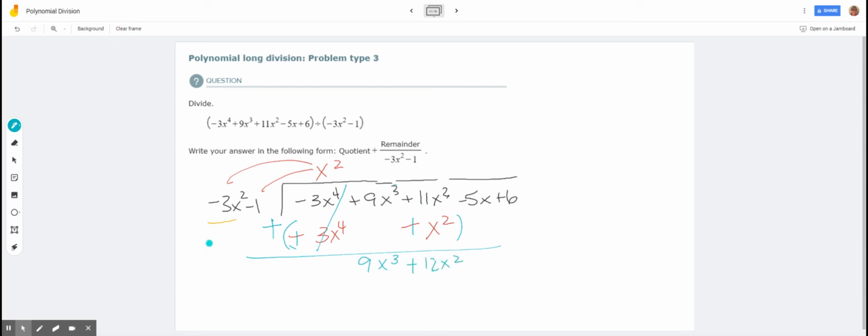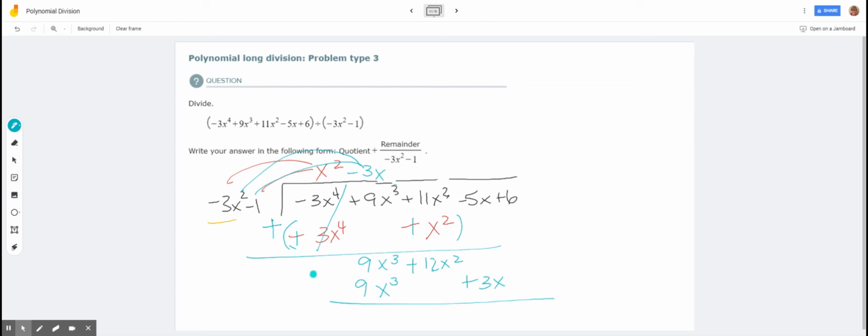Now ask yourself, negative 3x squared goes into 9x cubed how many times? Negative 3x, because negative 3 times 3 is negative 9, and x times x squared is x cubed. Again, go around the side and divide. So then we get 9x cubed, distributing, plus 3x. And look, it doesn't match again. It goes over here.